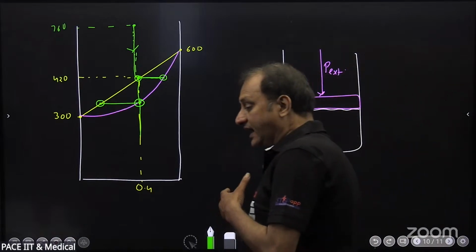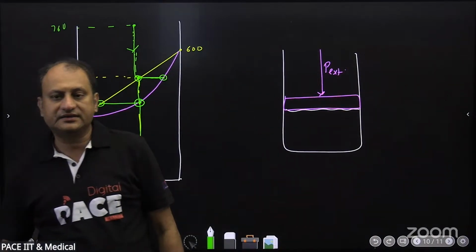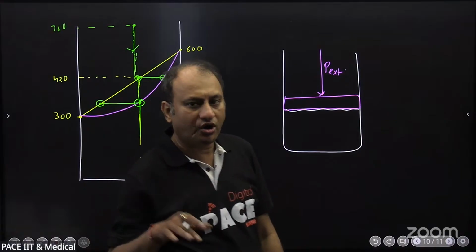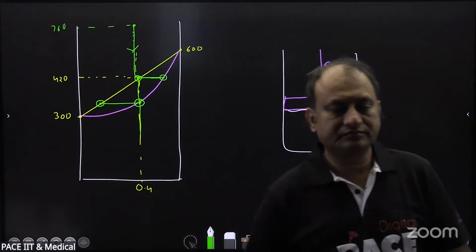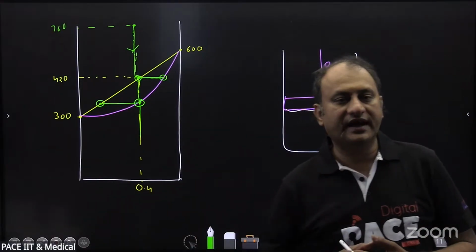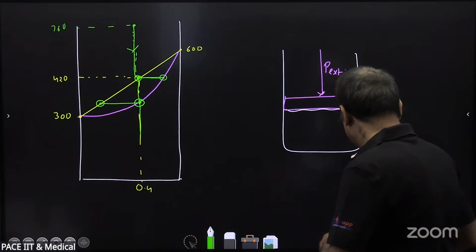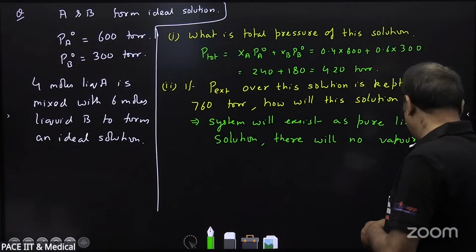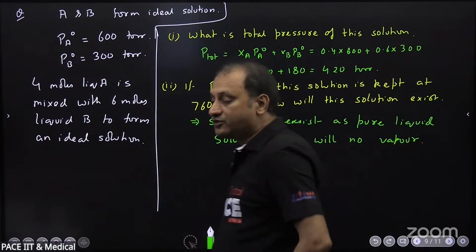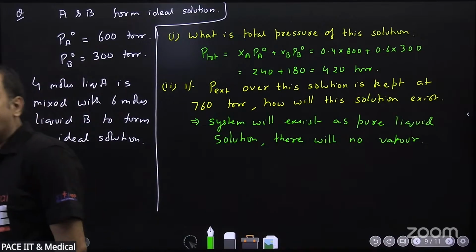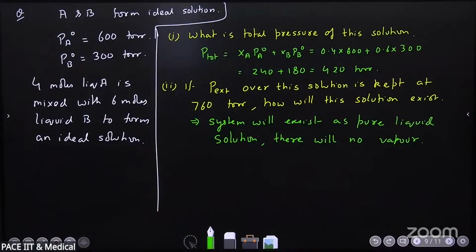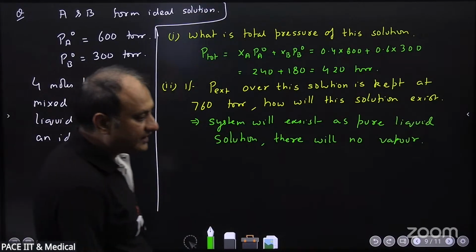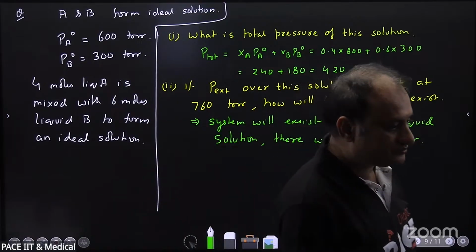See, last drop of liquid means almost all liquid has evaporated. If all liquid has evaporated, then the starting moles which we took, 4 moles of liquid A and 6 moles of liquid B, all of them have evaporated and gone into vapor form.